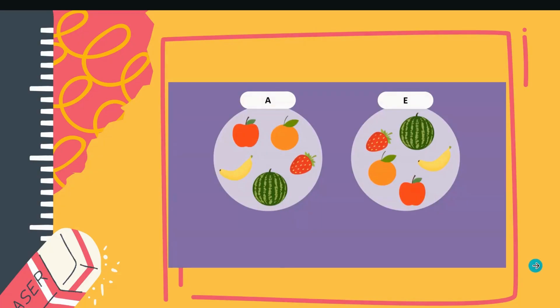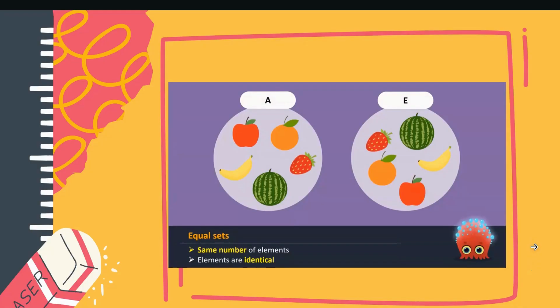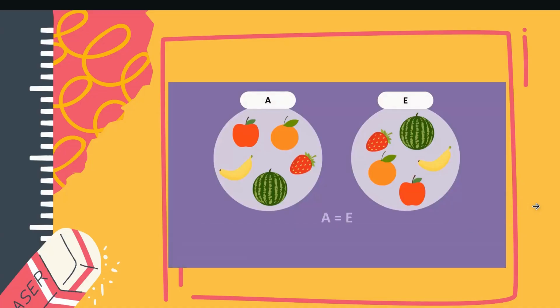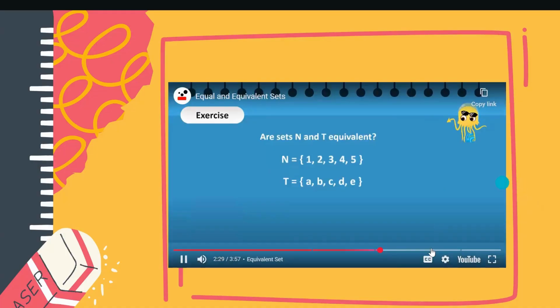In other words, both contain identical elements. When two sets have the same number of elements, and the elements are identical, they are called equal sets. Hence, set A is equal to set E. We can write this as A equals E. Now take a moment to think if these are equivalent sets.